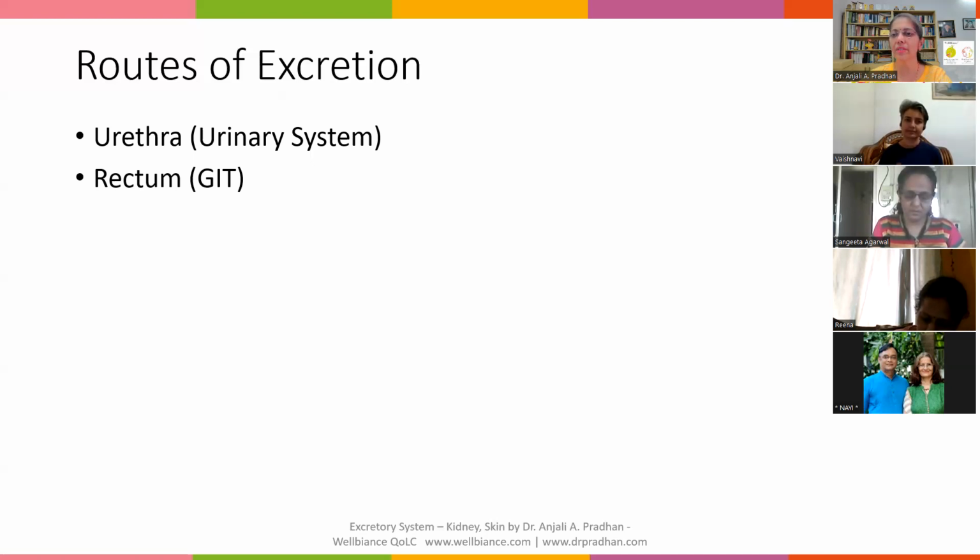GIT is gastrointestinal tract. Next one is through nostrils, carbon dioxide, which is excreted during exhalation. Carbon dioxide, which is formed in the body during various processes, is excreted through nostrils.